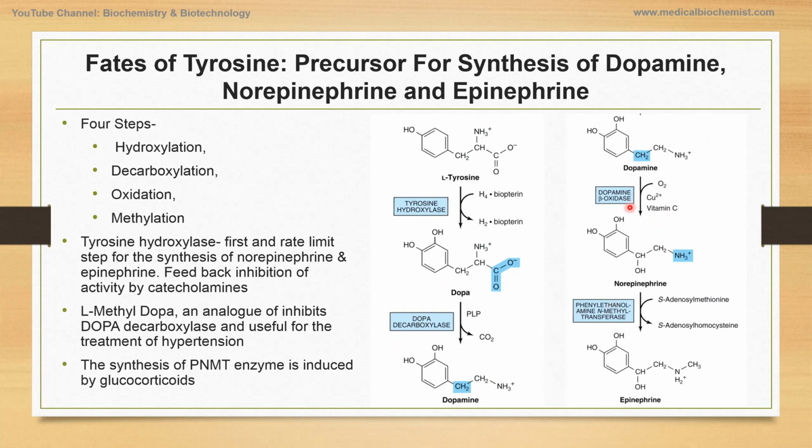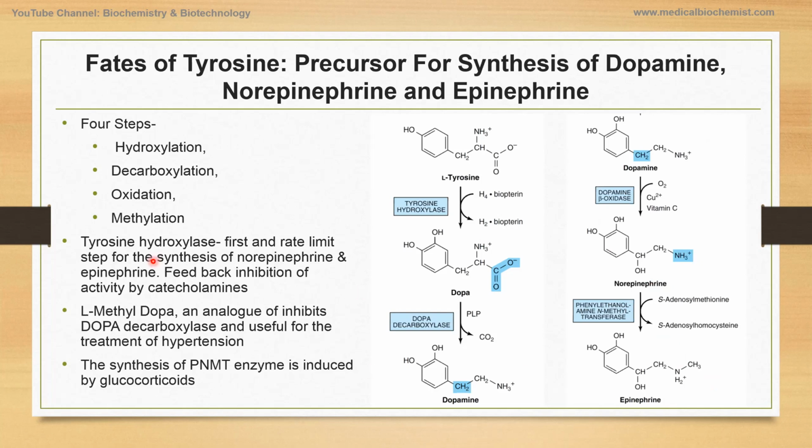The dopamine is further converted into norepinephrine by oxidation, and the enzyme that is required for the oxidation is dopamine beta oxidase. And finally, a methyl group is added to this norepinephrine to form epinephrine. Here, for this specific reaction, S-adenosyl methionine serves as a methyl group donor.